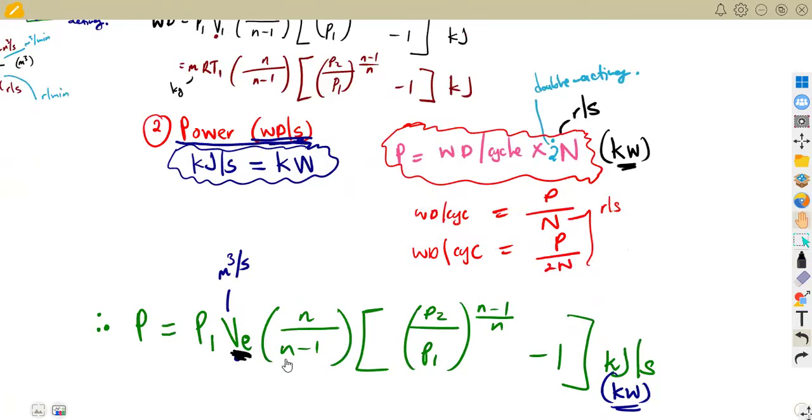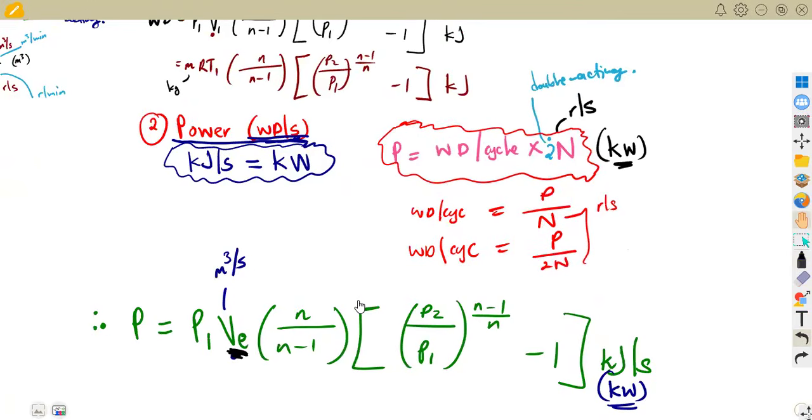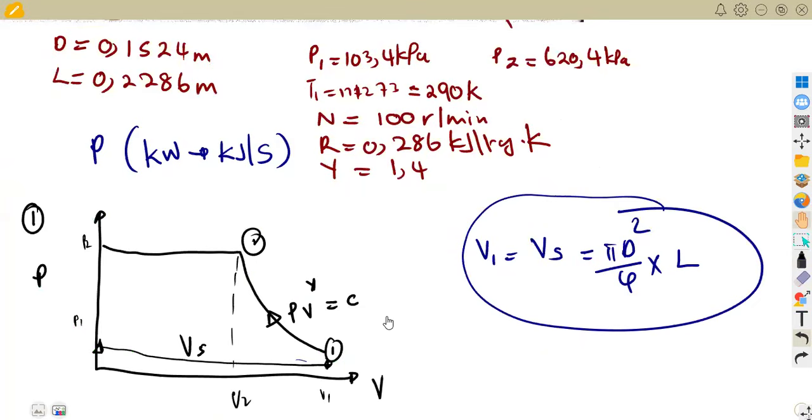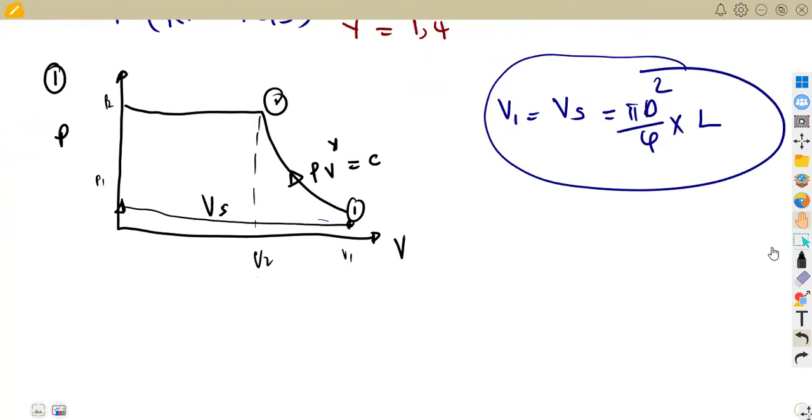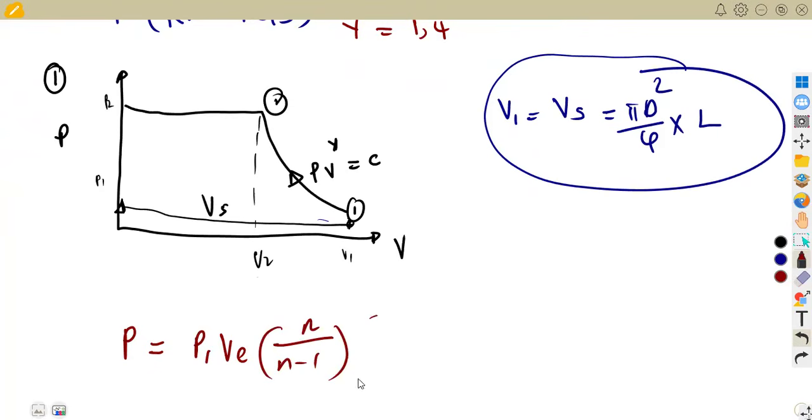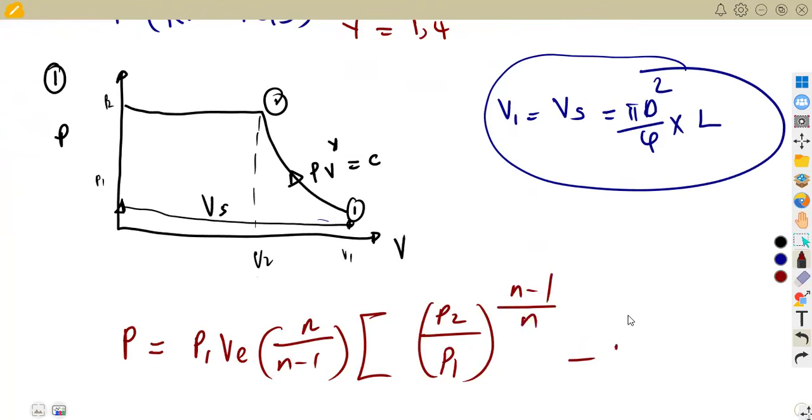But I said we can just use this formula. So let's use this formula. On the formula that we stated there, power can be calculated straightforward from P1 VE times N over N minus 1 times P2 over P1 to the exponent of N minus 1 over N, minus 1.